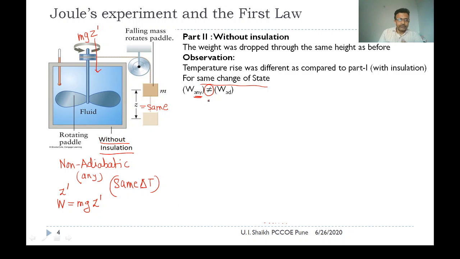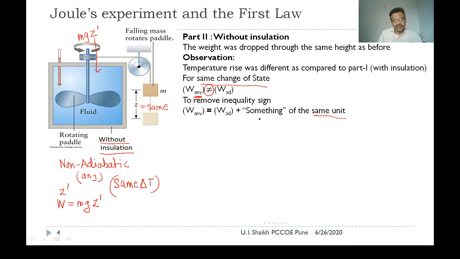To get rid of this, what should be done? Correct. You have to add something of the same unit as that of the work transfer on the right hand side of the equation. And then we can think of what this something could be.